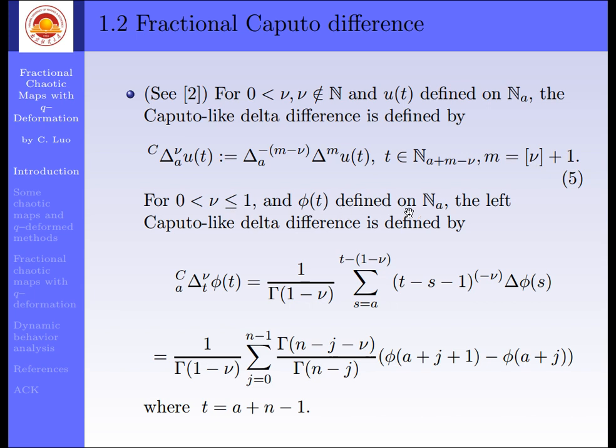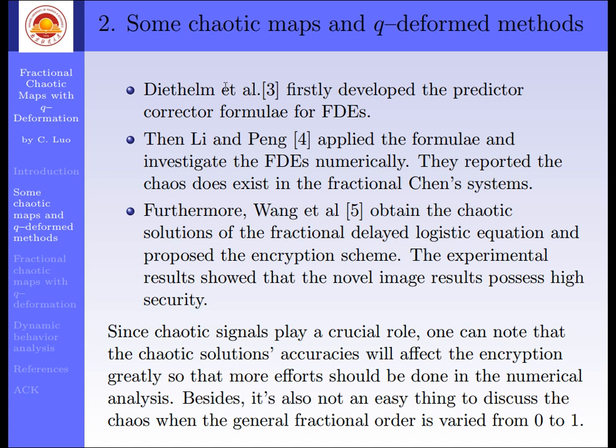And phi(t) defined on N_a, the left delta difference is defined as follows, where t is equal to a plus n minus 1. So the fractional difference provides us a new powerful tool to characterize the dynamics of discrete complex systems more deeply.